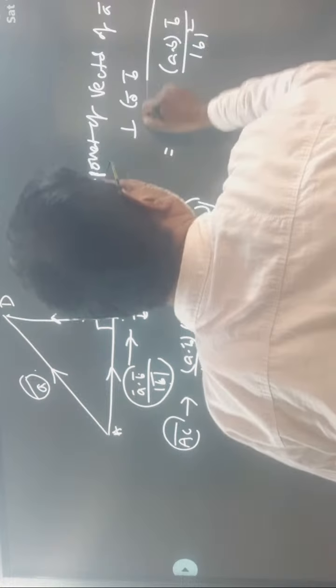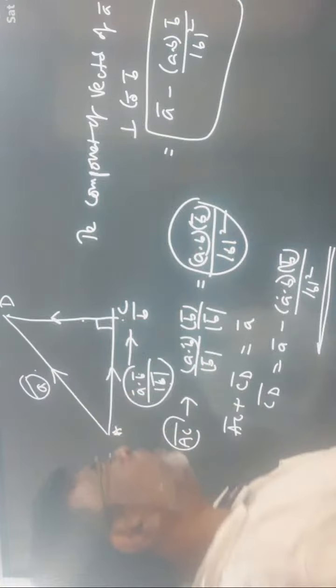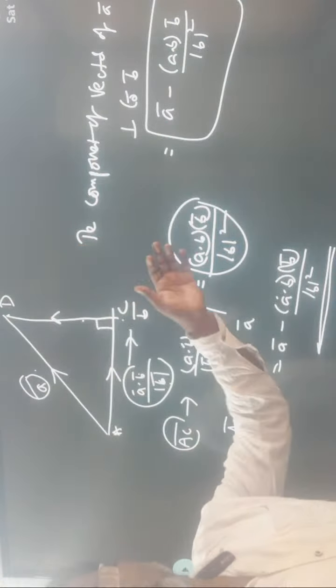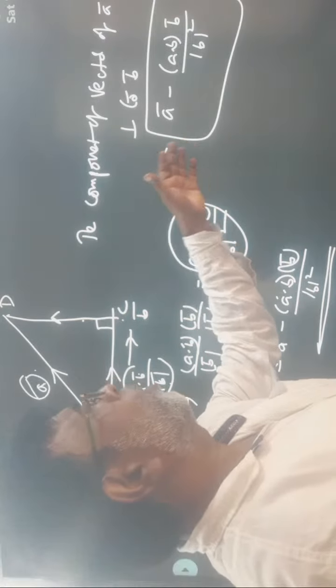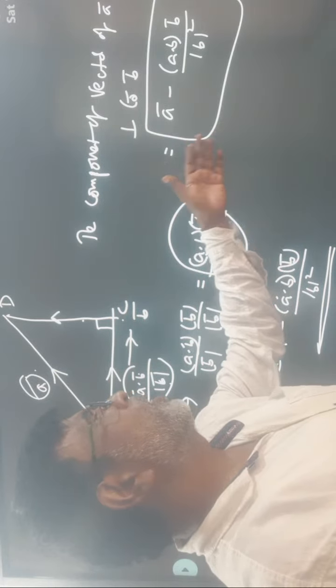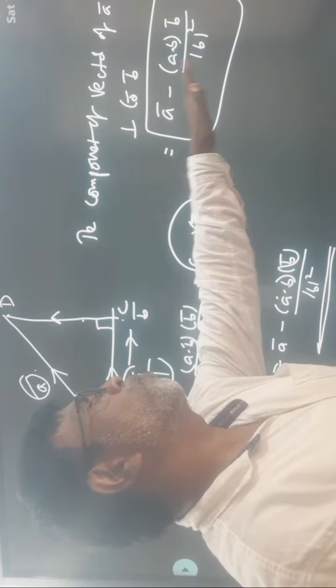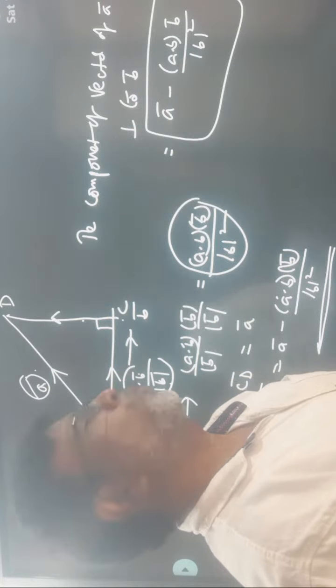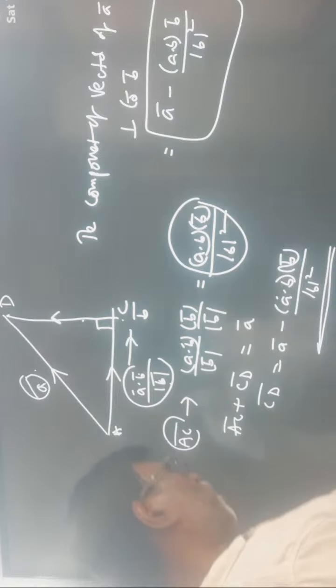This is the advantage of the formula. The component vector of A bar perpendicular to B bar gives A bar minus A dot B into B bar by mod B square. This is the formula. Now one more concept, about the applications of this.